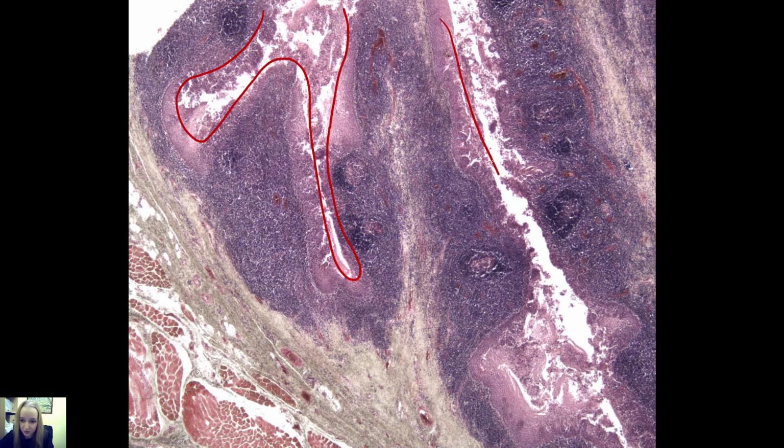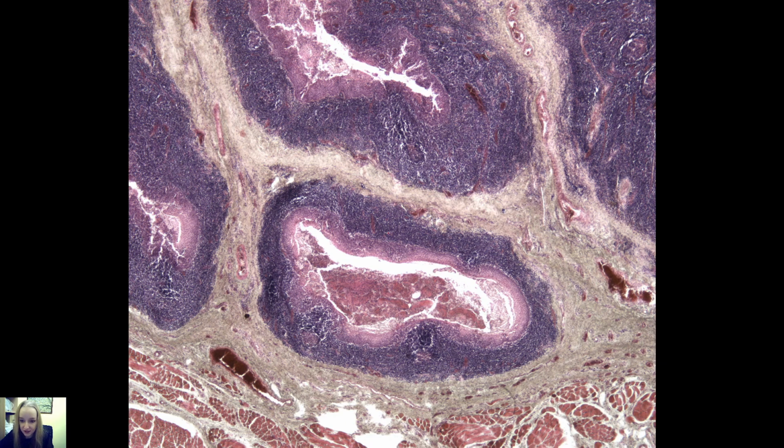So these are the crypts, and under the epithelium we can see lymphatic tissue, and under the lymphatic tissue, this thing over here, this is the capsule. This is a nice cross section of a crypt with stratified squamous epithelium.